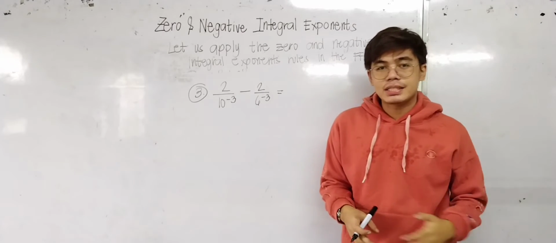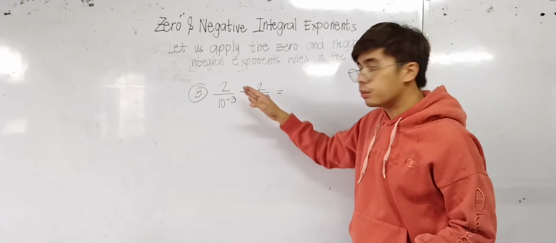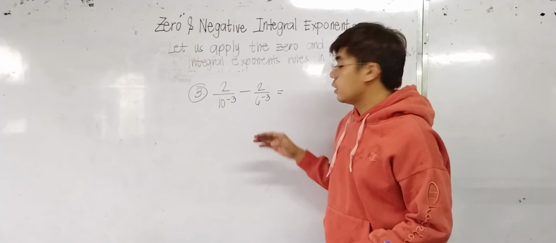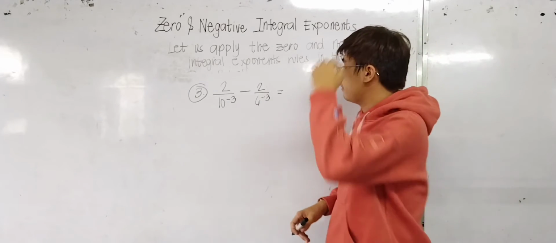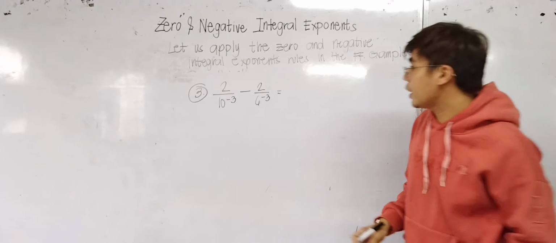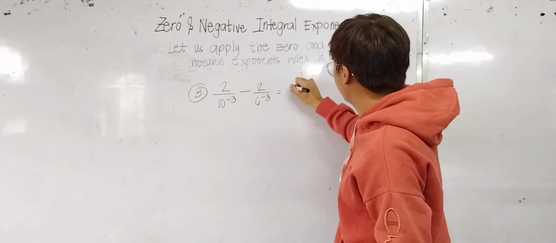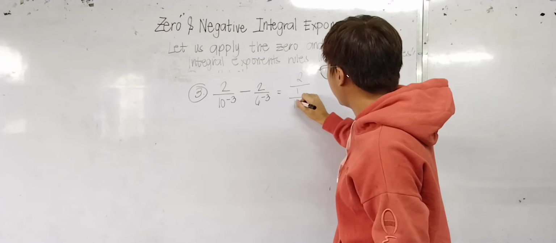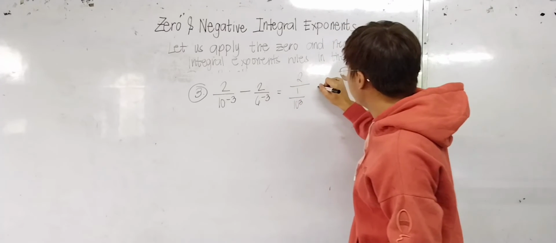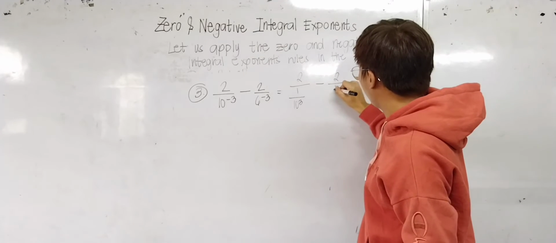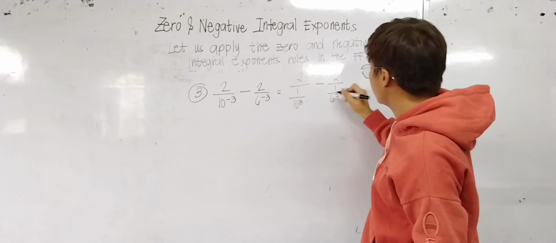Okay, let's try example number 3. So we have 2 over 10 raised to negative 3 minus 2 over 6 raised to negative 3. So we will now find the reciprocal for the denominator first. So we have 2 over 1 over 10 raised to positive 3 minus 2 over 1 over 6 raised to 3.